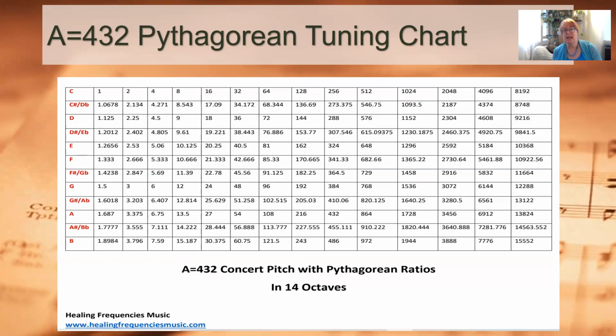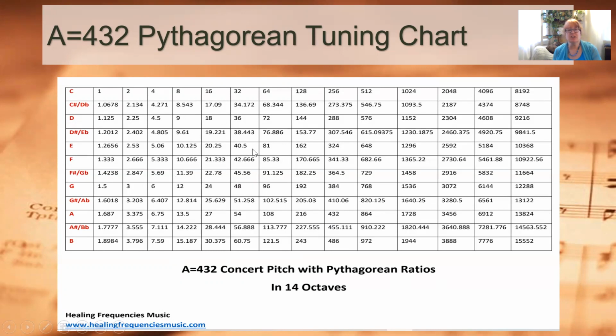That's why we call it A432, because when you tune using Pythagorean ratios, that A to 432, all of these other notes automatically fit within these numbers.